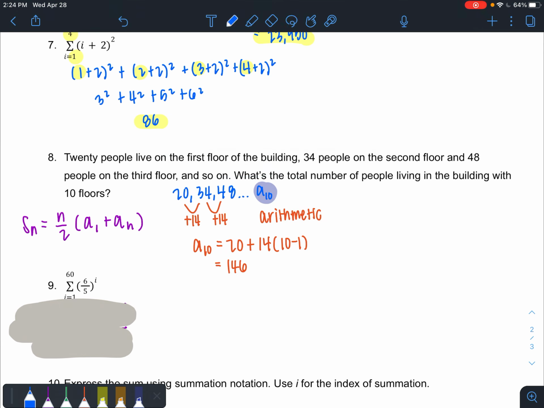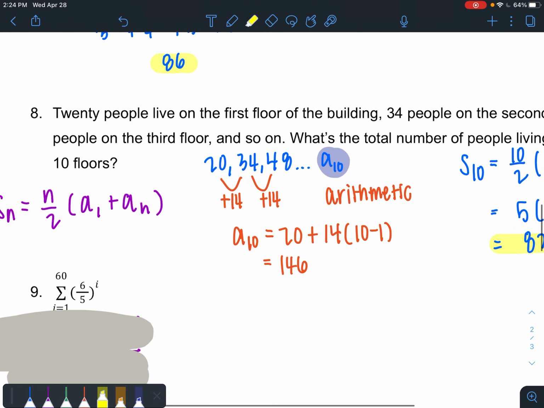So I have S of 10, the sum of the first 10 terms, is 10 over 2 times my first term plus my last term. When I plug that into my calculator, I have 5 times 166, which is 830, and we want to label that with people since we're talking about people in the building.